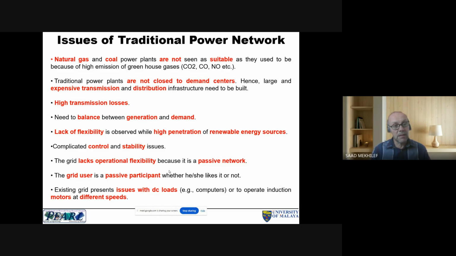But as I said, this grid has served a lot. One of the issues is the lack of flexibility. It is very rigid, which means it does not accept high penetrations of renewables.